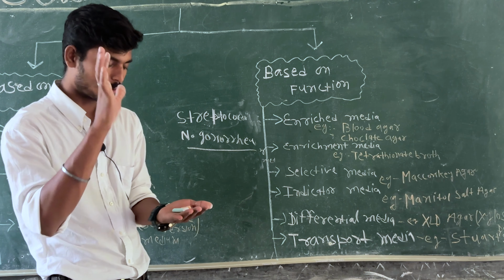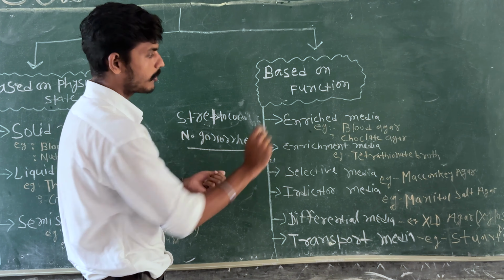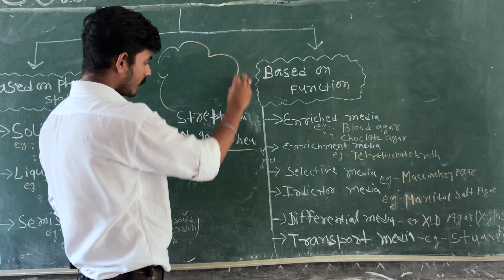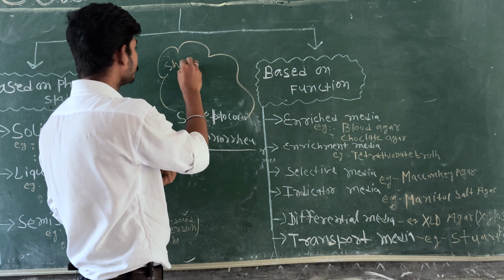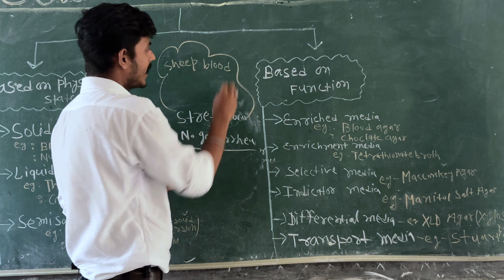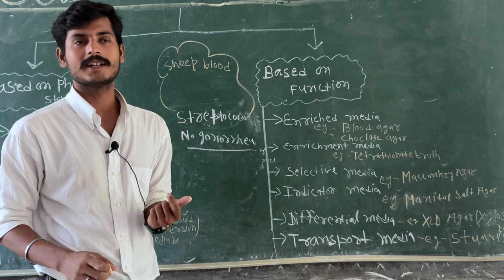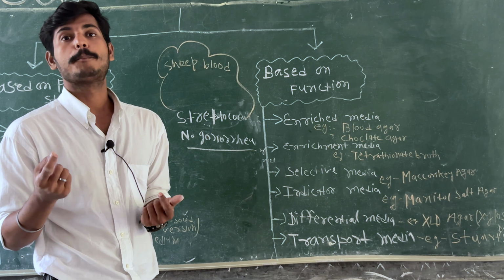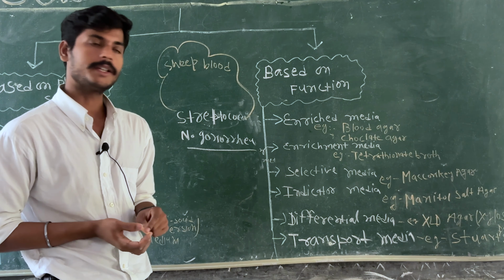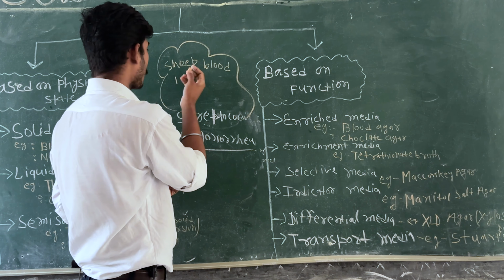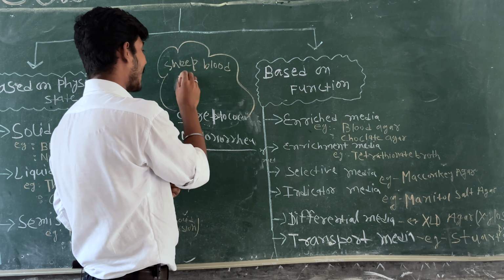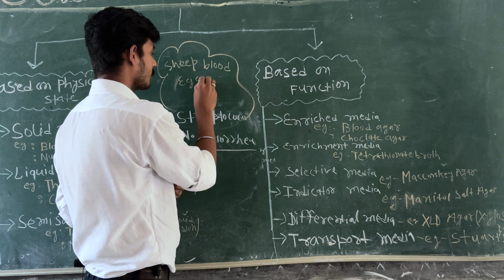It's nothing more demanding. The simple things, we are providing the blood. First of all, what blood? It's sheep blood. We give sheep blood, and apart from that we are giving a protein source. For the protein source, it can be eggs.